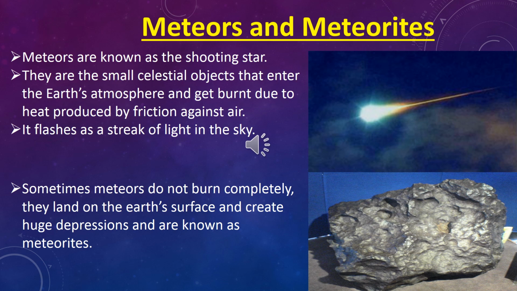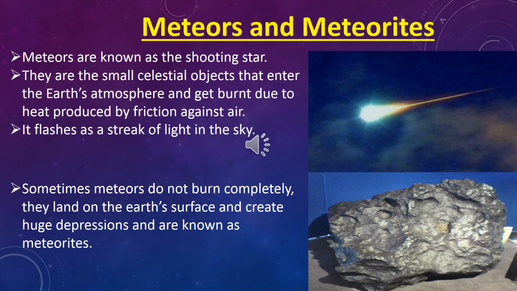So now comes meteors and meteorites. Meteors are known as shooting stars. Have you seen a falling star in the sky? Those are meteors only. They are small celestial objects that enter the Earth's atmosphere and get burned due to heat production by friction against air.